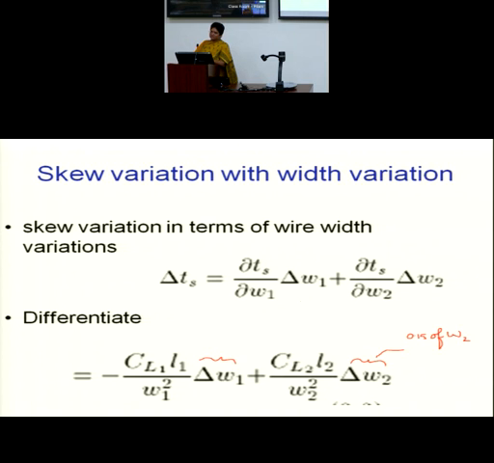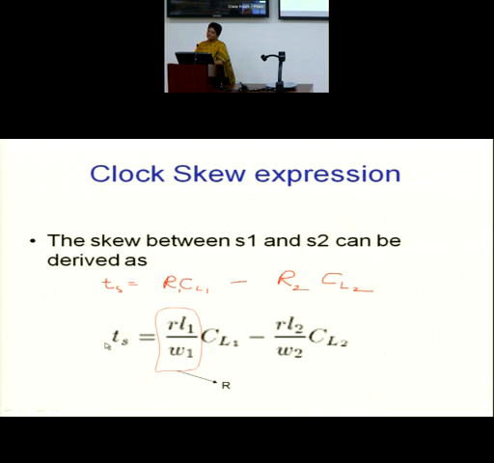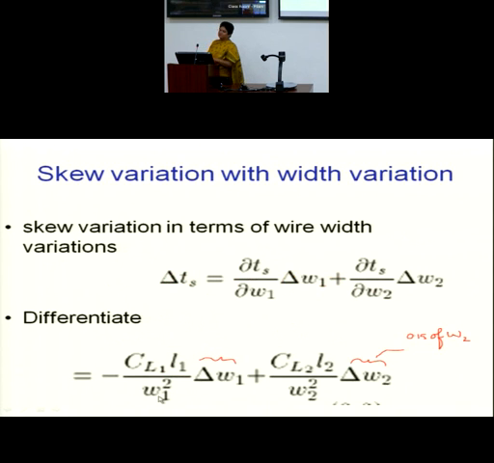So now I say, for dTs by dW1, I have the expression with me, which I find from here. Differentiate this expression with respect to W1 and with respect to W2, keeping other things constant, and then substitute.